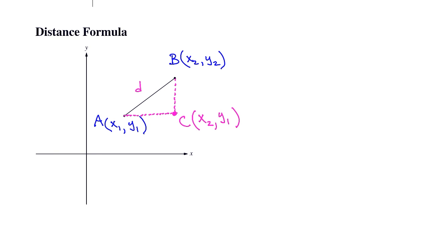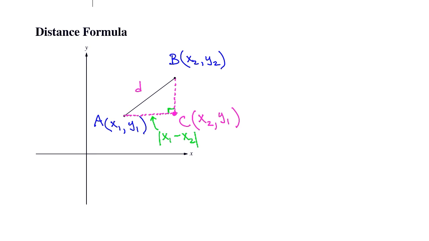Next, we want to find the lengths of each of these segments and recognize that we in fact have a right triangle. If I start on the segment that goes from A to C, we know that the distance from A to C is the difference in the x-coordinates for those 2 points.